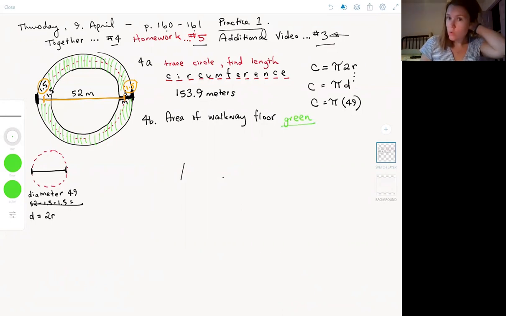And well, we don't know what that is. I don't know how to calculate just this space, but let's take a look at the information that we do know. So I know that I've got my outer circle with a diameter of 52. And then I also know that I've got a smaller circle. I'm not exactly sure what the diameter of this one is, but I could probably figure it out if I wanted to.